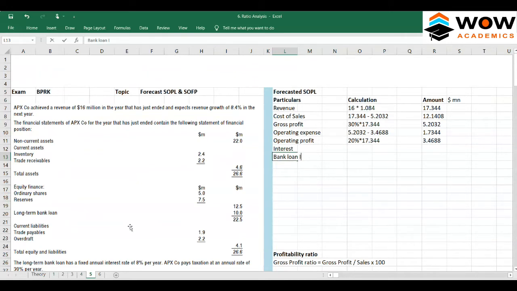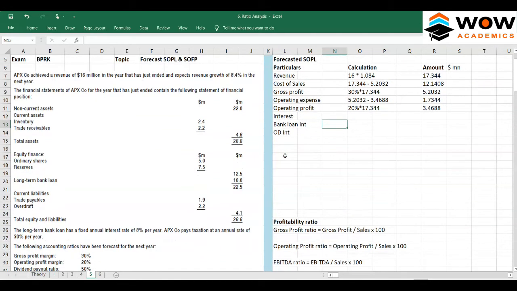So bank loan interest, if you take here, that is going to be 8% of the bank loan, which is 10 million. All numbers we are working out in terms of million only. So that's 0.8.